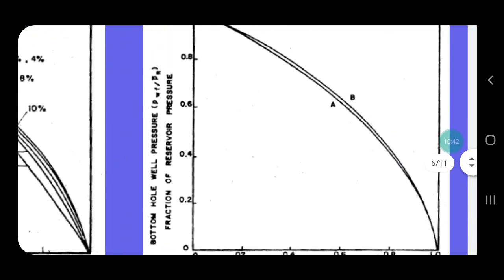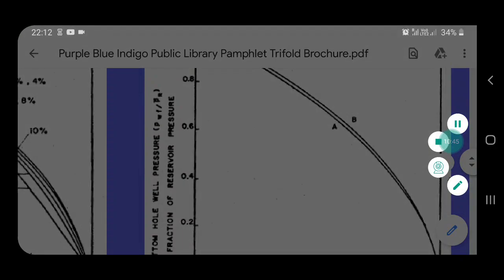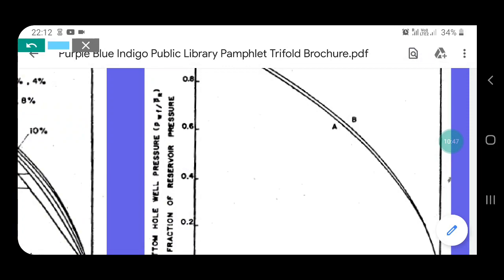In the right hand side graph, we can see that there are two different curves. A and B represent two different reservoirs. Reservoir B has a crude oil of lower viscosity, and reservoir A has a crude oil of higher viscosity.